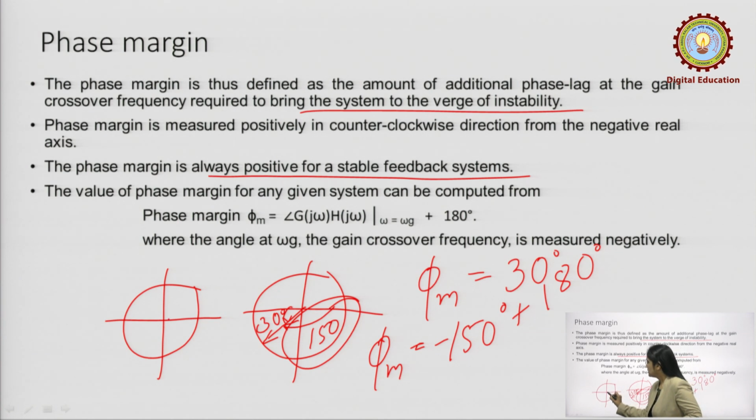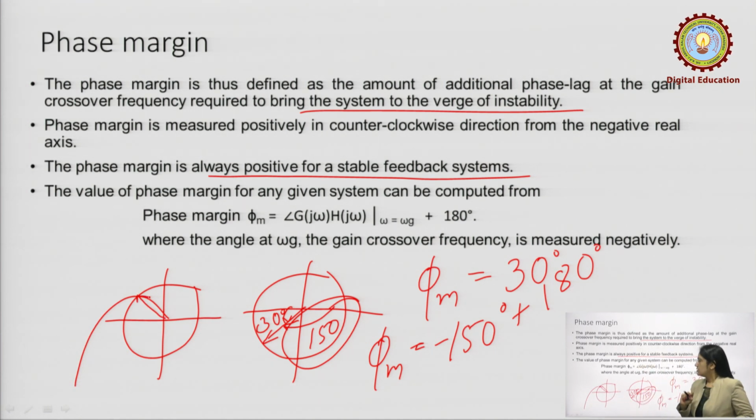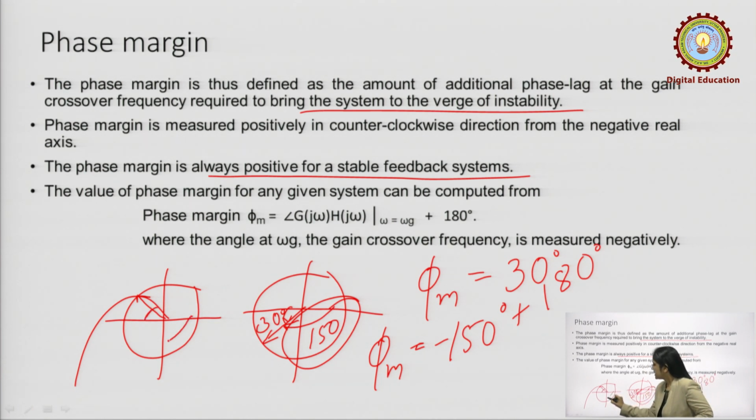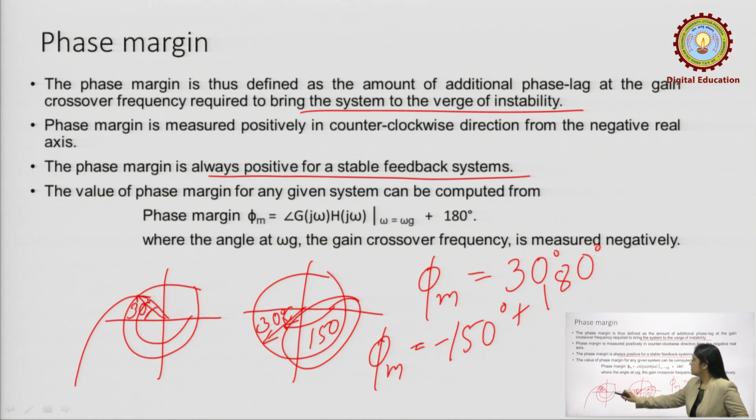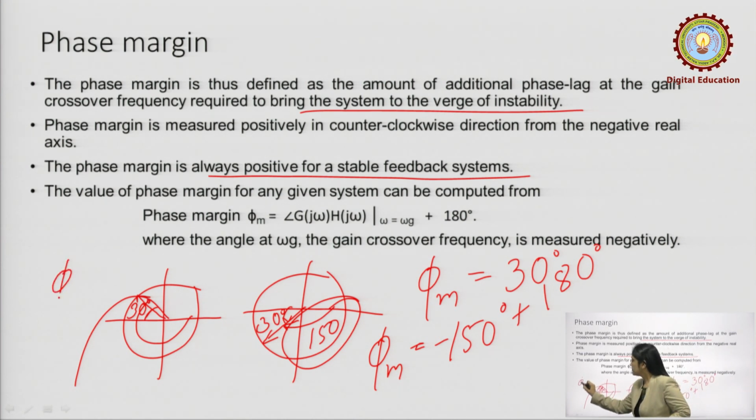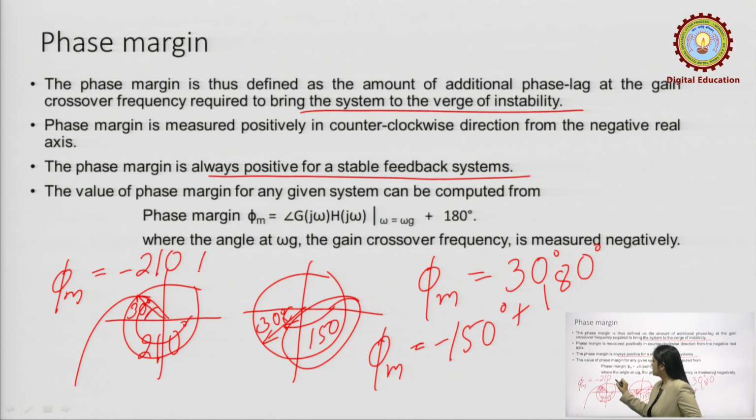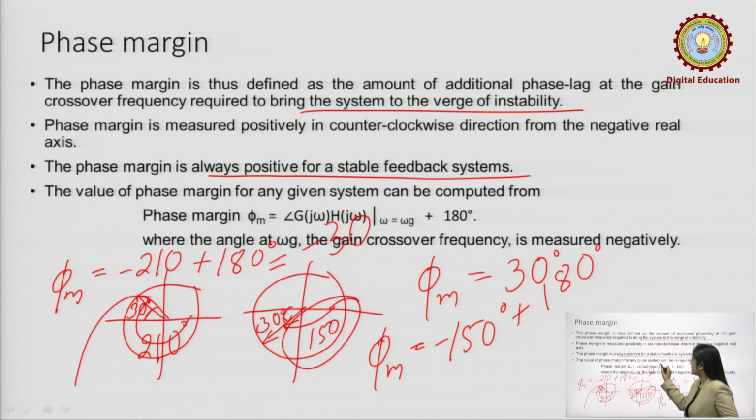Now, in case the plot goes something like this, that means the phase margin is here. The phase margin will be here, whereas what is the phase angle? For example, this is 30 degrees. The phase angle will be 210 degrees. So, in that case what will be the phase margin? It is minus 210 degrees plus 180 degrees, which will be nothing but minus 30 degrees.